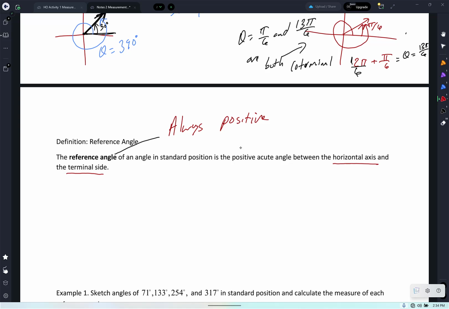So that means the reference is always with the x-axis. What does that mean? If I have an angle like this, this is your theta, the measurement of your angle. And this right here that I have in sky blue, that is your reference.